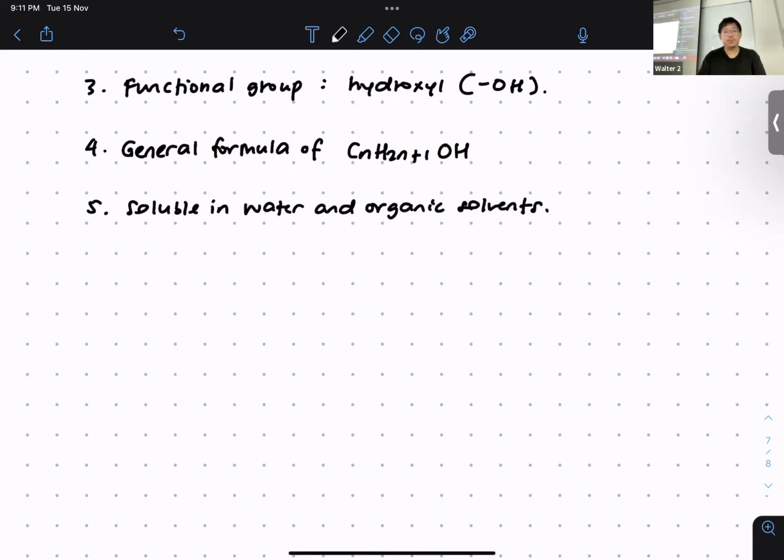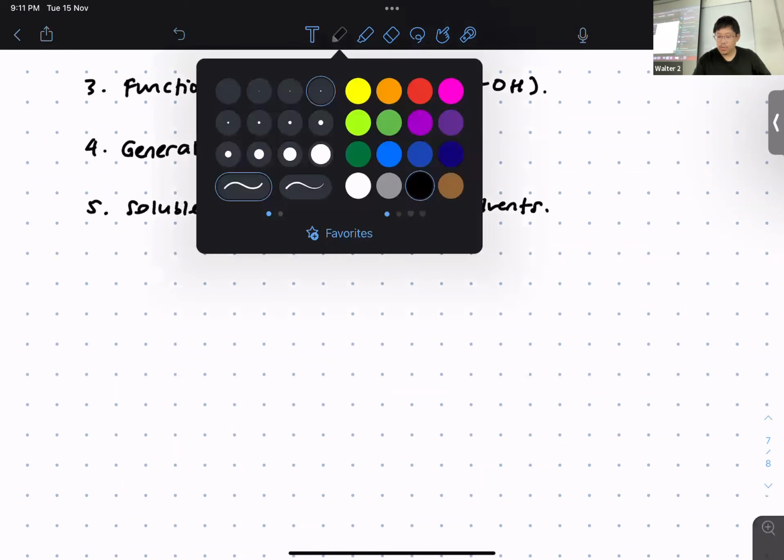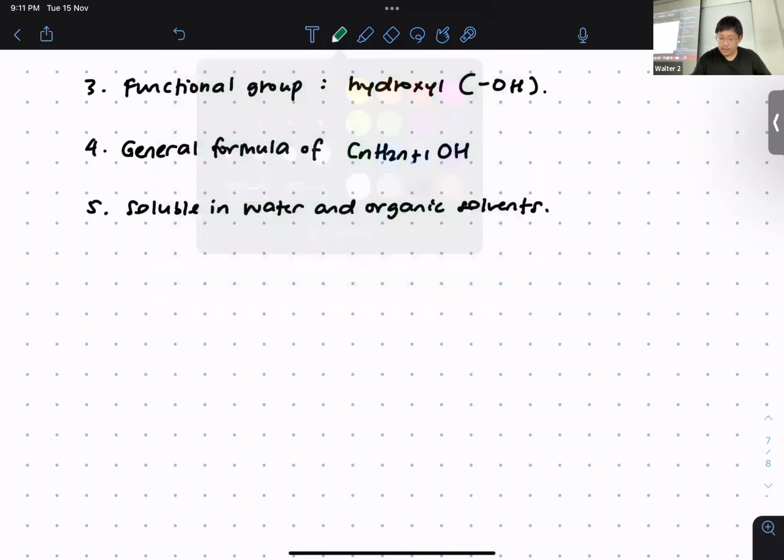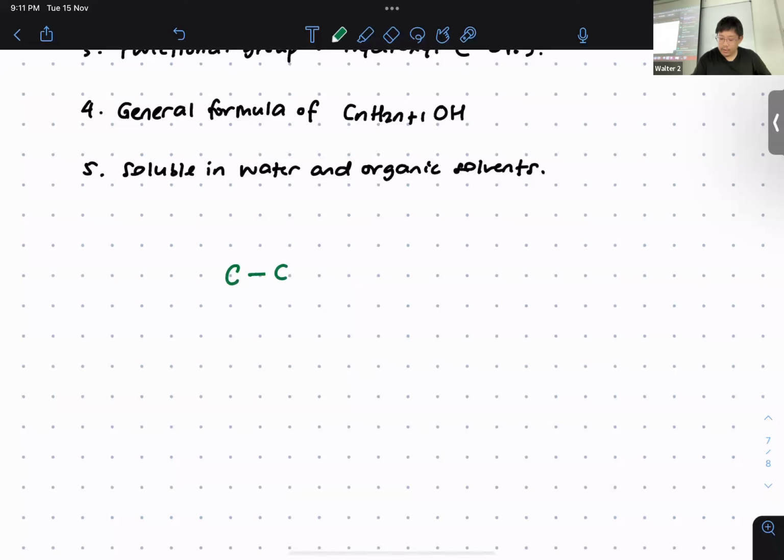Just to give you an idea why that is so, alcohols such as ethanol have a hydroxyl group.